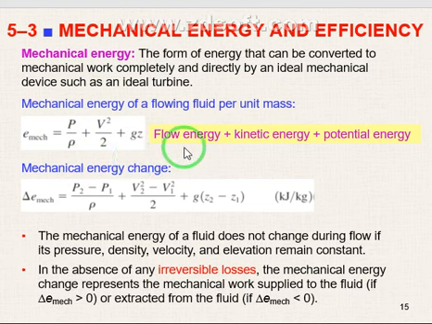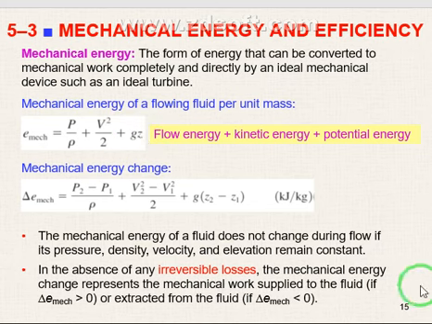So flow energy equals P over rho. Kinetic energy equals V square over 2. Potential energy equals g times z, which is related to the elevation between the system and a datum, like mean sea level or any level. So it's flexible.